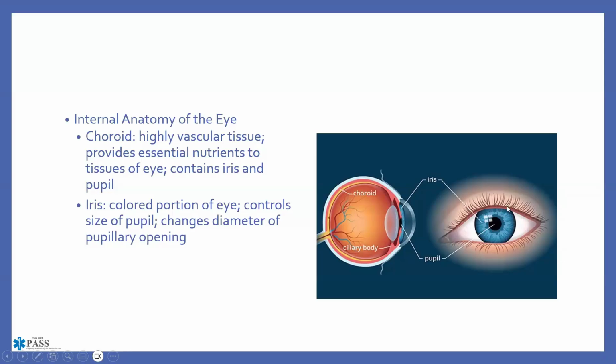It's the iris that pulls back, causing pupillary dilation, or allows for pupillary constriction. It is all controlled by the iris itself. The vasculature, the arteries and veins that control that, comes from the choroid itself.